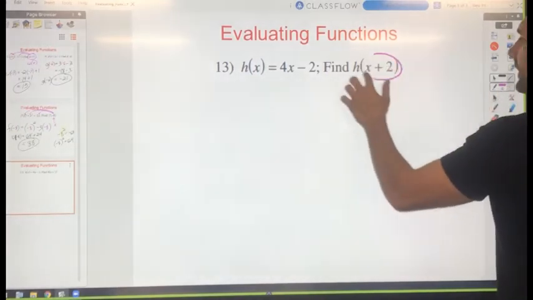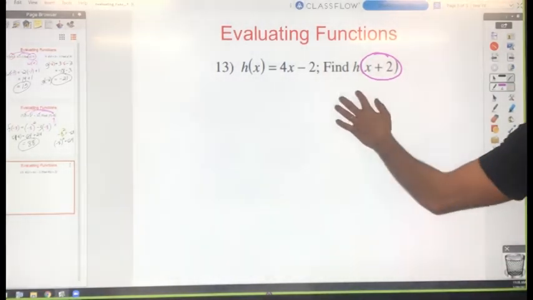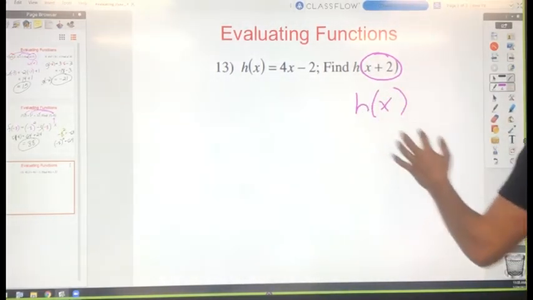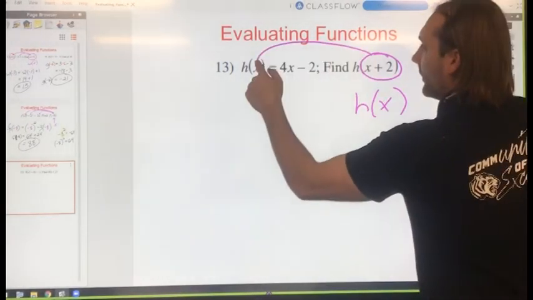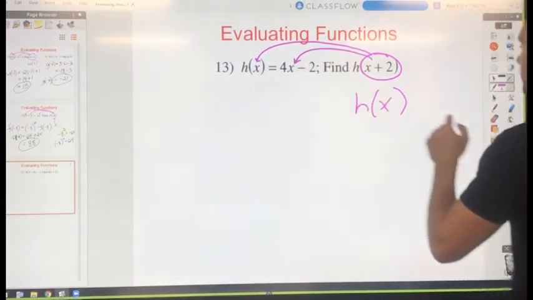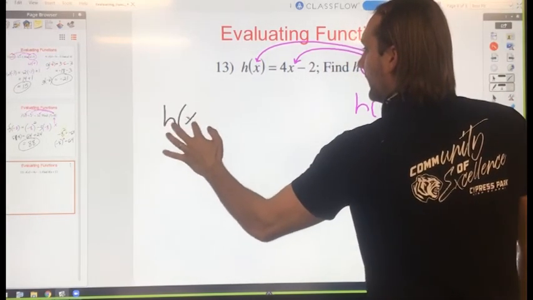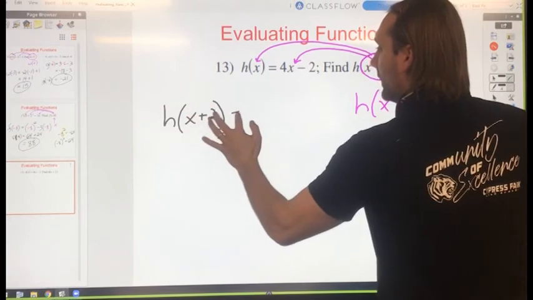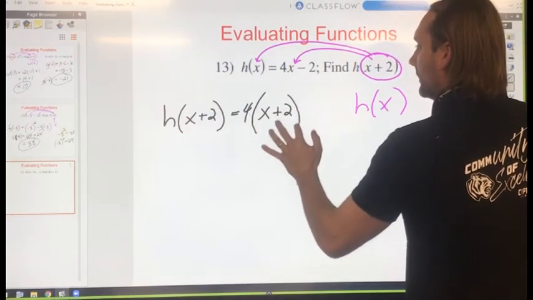Where should I put in x plus 2? Where the x is. Notice how this was previously h of x. Now I want to replace that x with an x plus 2. So this gives me h of x plus 2 equals 4 times x plus 2 minus 2.